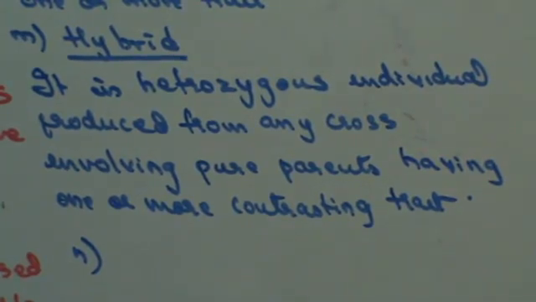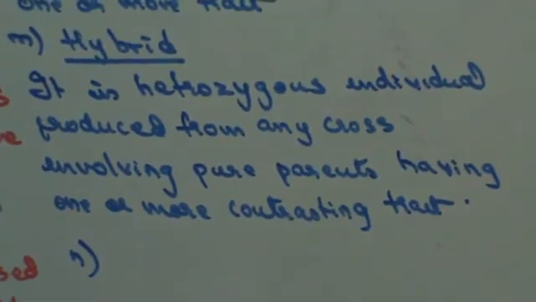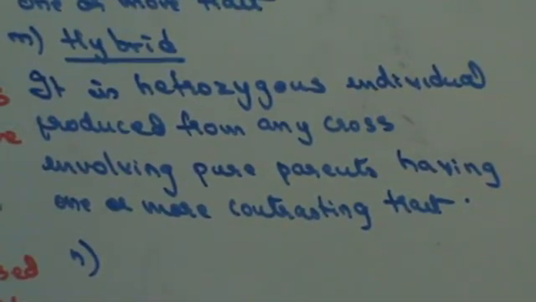So if you do a cross between such pure parents, what you get is a monohybrid, where all the characters will be similar, and only one character would differ, where you could get contrasting traits.